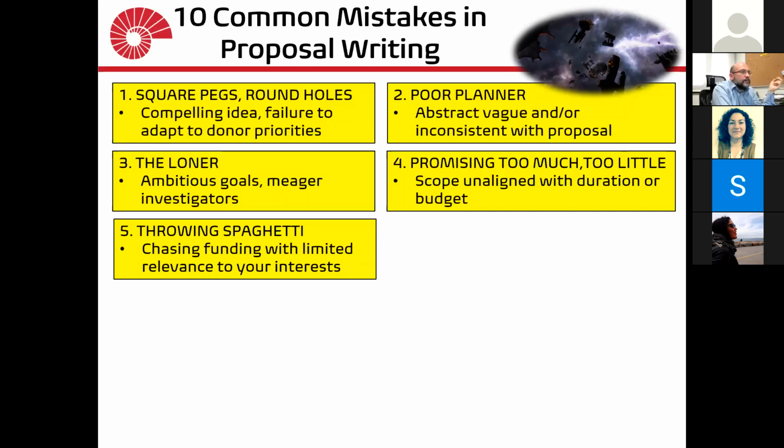So people sometimes chase funding which is largely irrelevant to their research interests. What they do is that they throw spaghetti at a wall to see what sticks. Usually this approach produces weak proposals, but it might also work, of course.